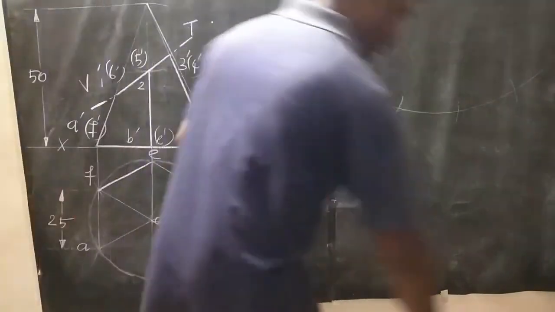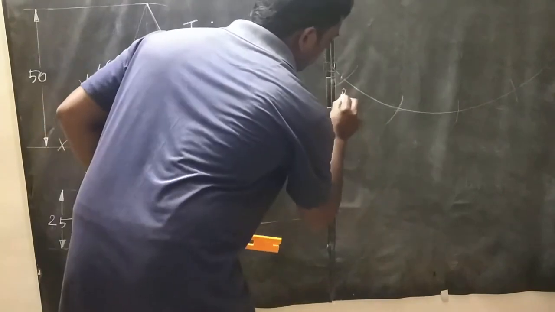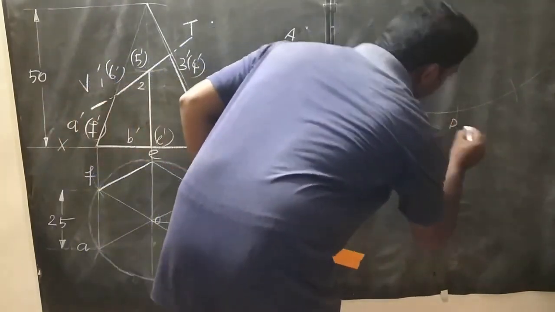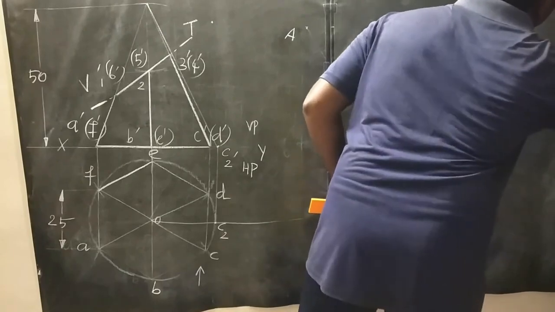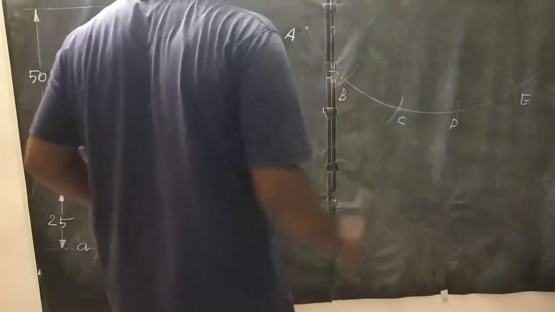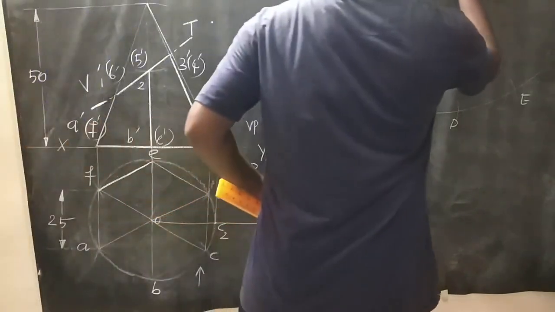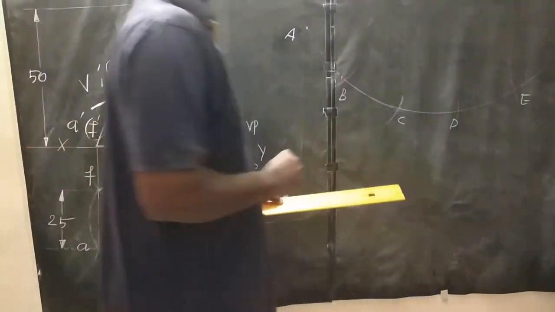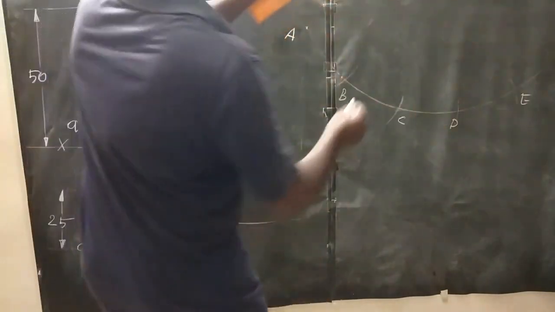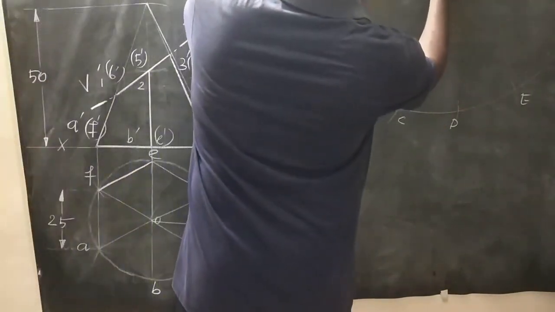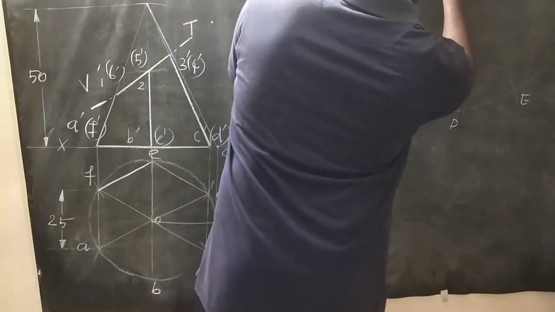Now connect: this point is A, this point is B, C, D, E, F, again A. Then all these points on this arc connect with this point called capital O. This is the apex point. So now the points A, B, C, D connect with O by straight lines. I think this problem is simple compared to your prism.